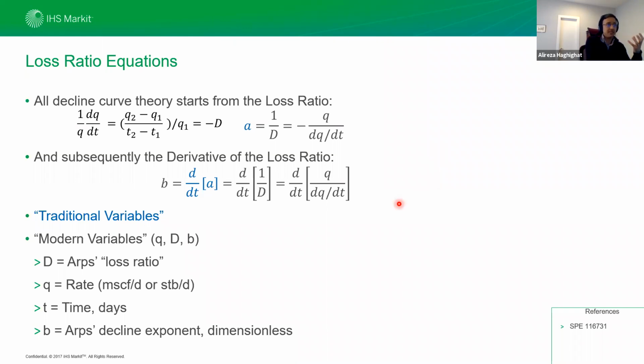And that behavior, the change of decline versus time, is determined by a factor which we call the B factor in reserve evaluation. So the B factor tells you how the decline rate changes versus time. The change of decline rate is determined by the B factor.